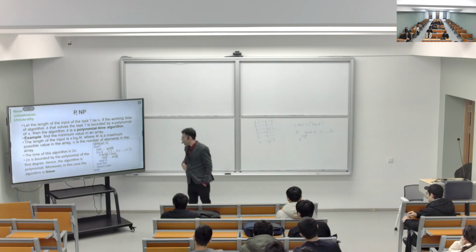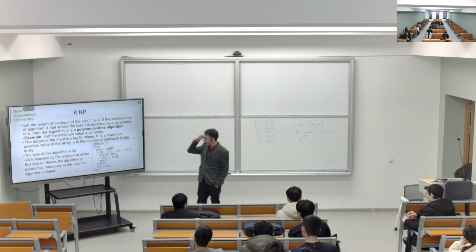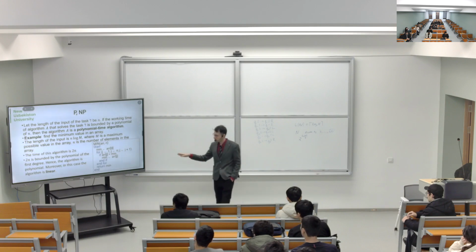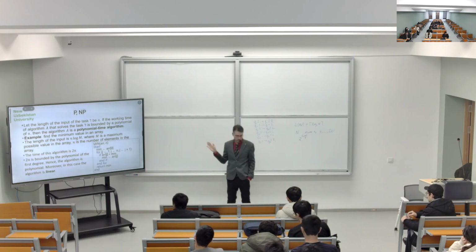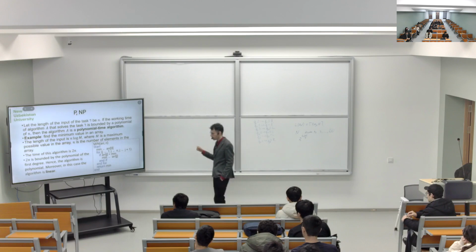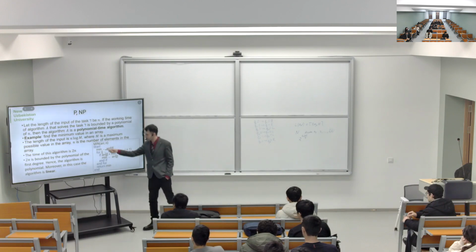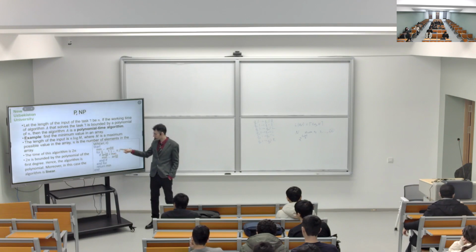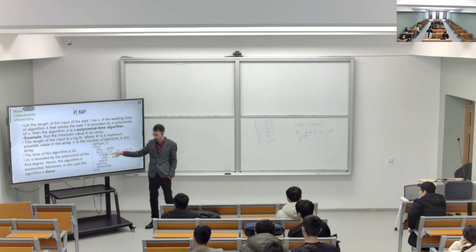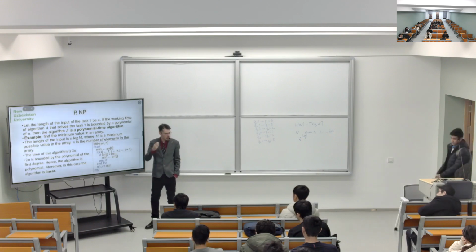So, finding the minimum. Let's say we have an example of an algorithm that finds the minimum. What do we do? We assign the minimum as the first element, then go from the first element to the last, and we check if the array element at this point is less than the minimum; then we change the minimum. So how many operations do we have?